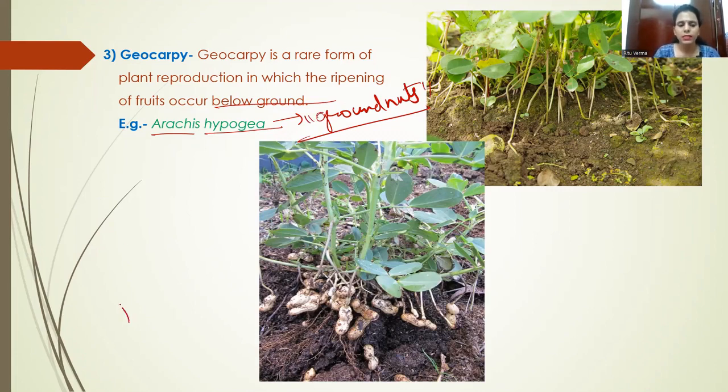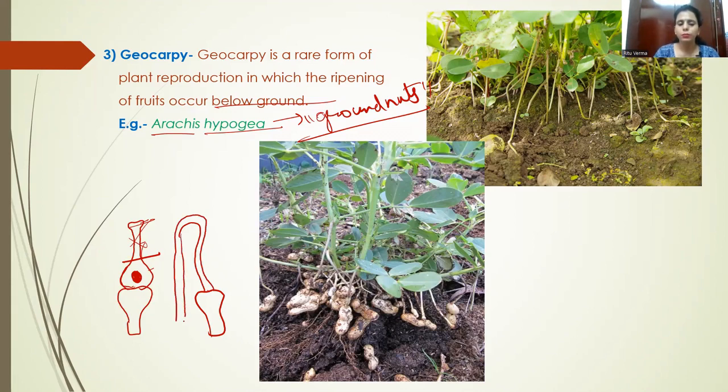For example, this is the thalamus. You have the ovary, stigma, and style. Inside the ovary, ovules are present. Once the ovule gets fertilized by the male gamete of the pollen grain, the stigma and style wither off, and a tube grows from the thalamus.